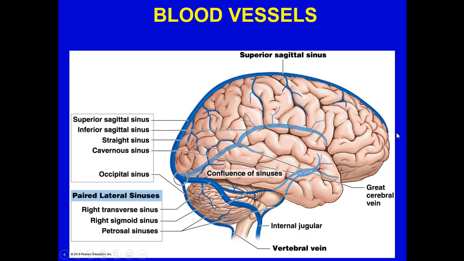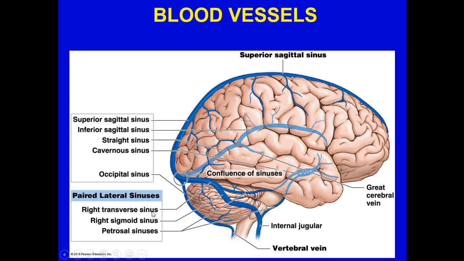So here we have the superior sagittal sinus. This is taking in blood. You have the superior sagittal, inferior sagittal right here. So think of superior, it's above here. This one's inside. Straight sinus right here, cavernosus sinus right here. This is the confluence of sinuses, meaning 1, 2, 3, they're all coming together.